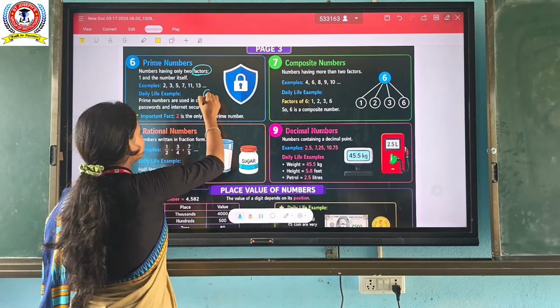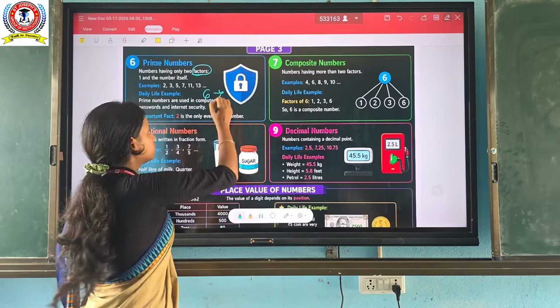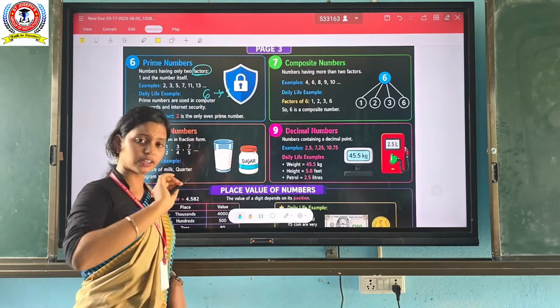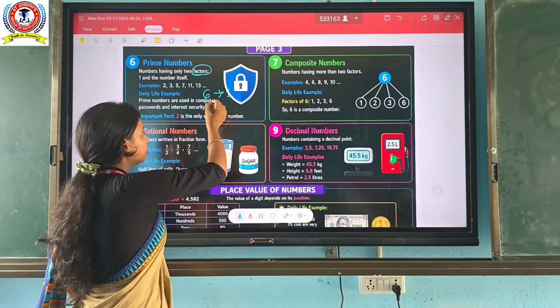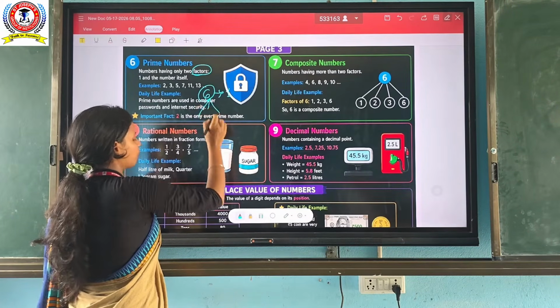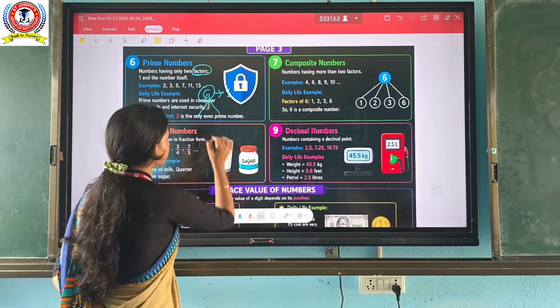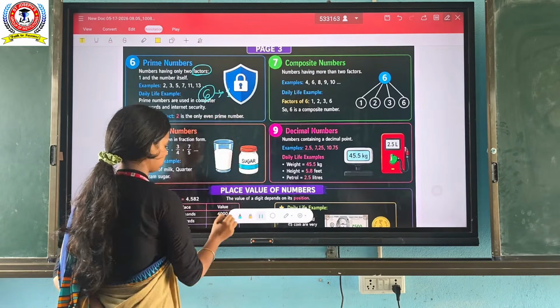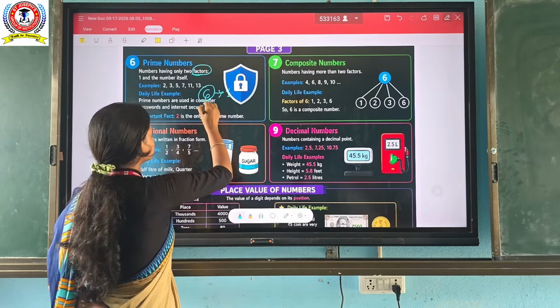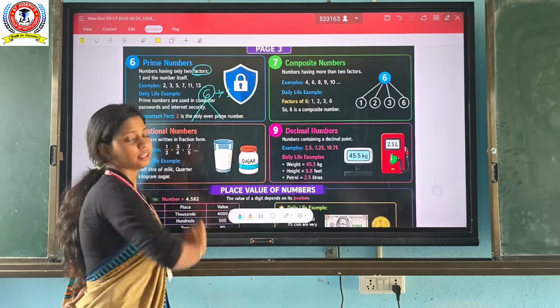If I write 6, what are the factors of 6? First, 1 is the factor of all numbers. Factor means which two numbers multiplied give this number. What should be multiplied to get this number?